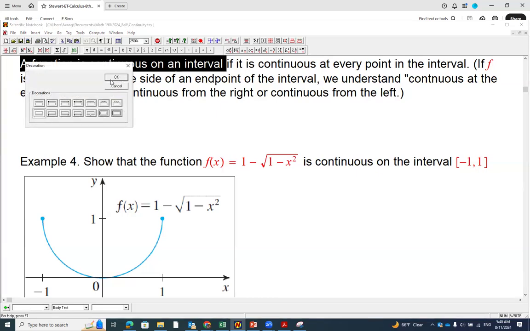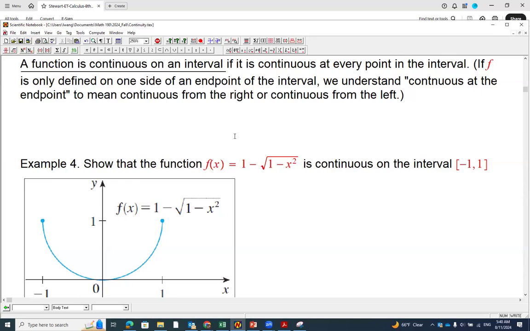This is our question. Well, this is the definition: it is continuous at every point in the interval, and in parentheses it says, if f is only defined on one side of an endpoint of the interval, we understand continuous at the endpoint to mean continuous from the right or continuous from the left.